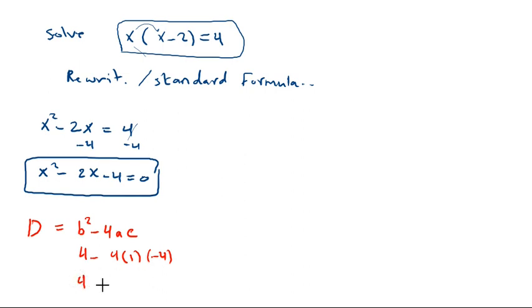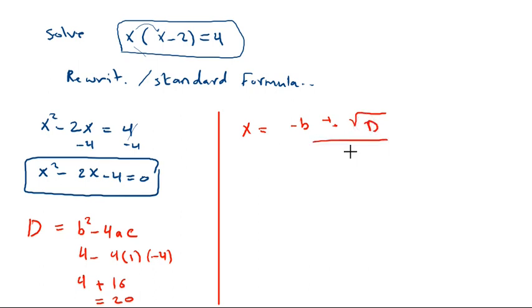So we have here 4 plus 16 equals 20. Now to find the solution using the formula, we just apply all the given data in the form of x equals minus b plus or minus the square root of the discriminant, over 2a.